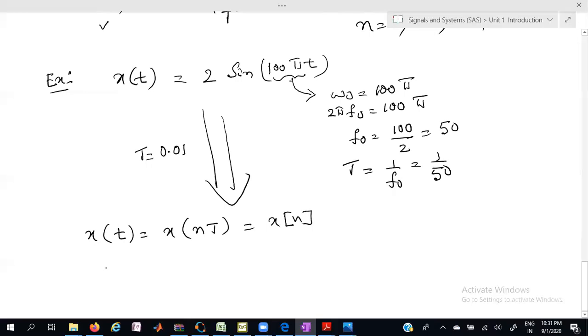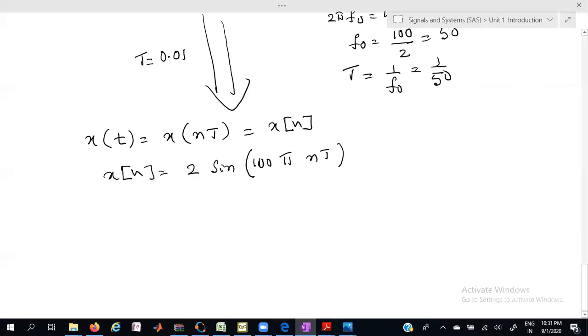So x of n can be written as 2 times sine 100 pi, where t is replaced by n times capital T. This can be written as 2 sine 100 pi into n times 0.01.